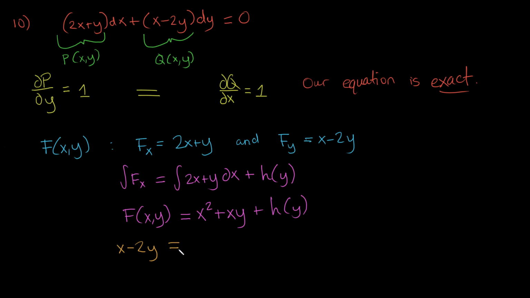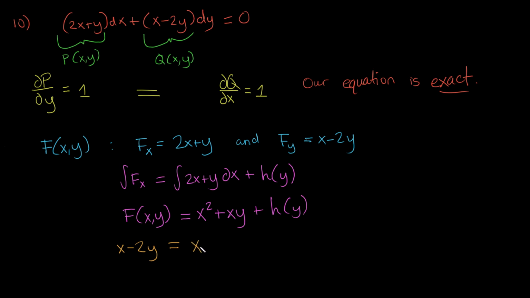On the right, we're taking the partial derivative with respect to y of everything. When we take the partial derivative with respect to y of x squared, we get 0, so we needn't include it. And when we take the partial derivative with respect to y of xy, the y goes away and we're left with x.